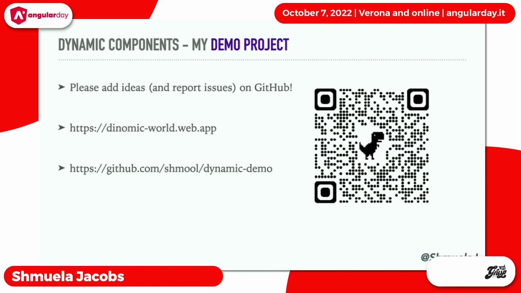You can see the fake dynamic components there, the logos that are going there. And everything is on GitHub. The repository also has some other examples, but you will find your way in the repository. So please do add ideas, feature requests, and of course, issues on GitHub. And we'll keep making this demo application really, really awesome.